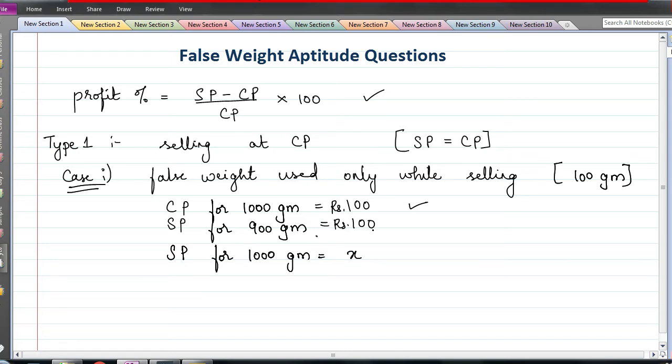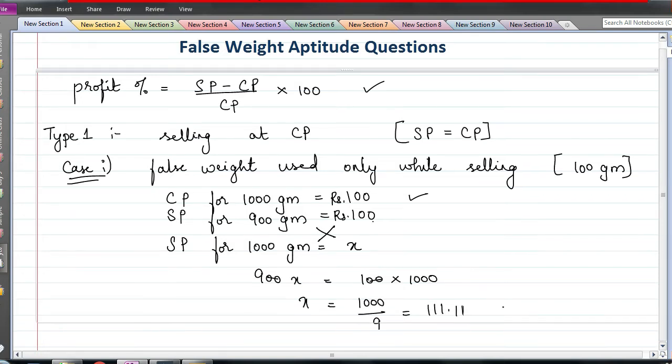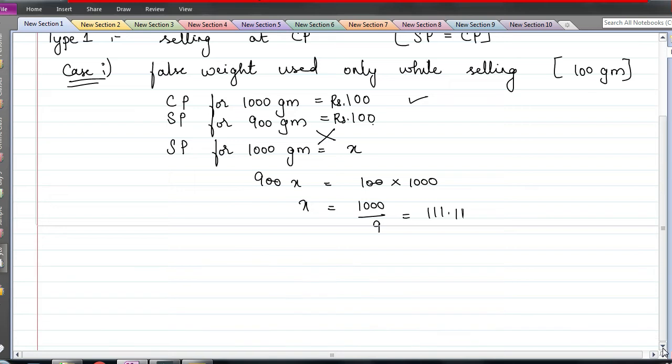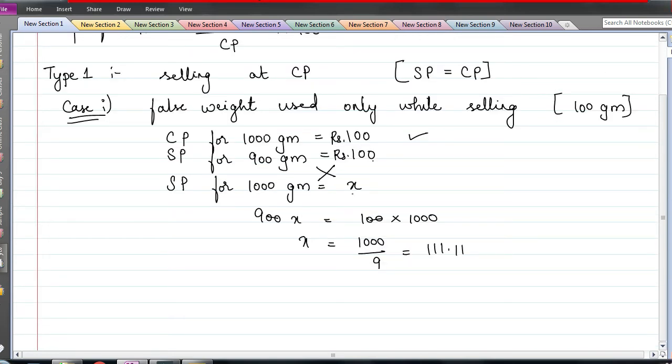We will cross multiply these two. So 900 into x is equal to 100 into 1000. Two zeros get cancelled, so x is 1000 divided by 9, which gives you 111.11. Now this is your selling price for 1000 grams. What is the profit percentage here?